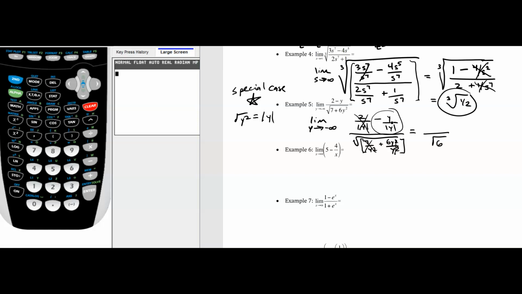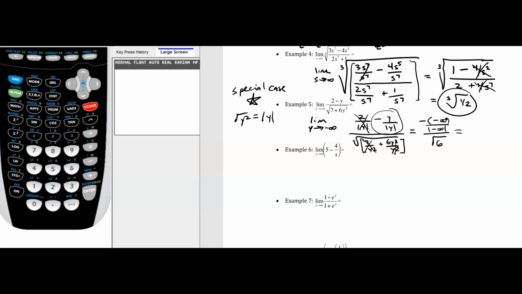This is where I use a little bit of reasoning. If y is going to negative infinity, then you're doing the opposite of a really big negative number divided by the absolute value of that really big negative number. So this actually becomes a positive big number divided by a positive big number.